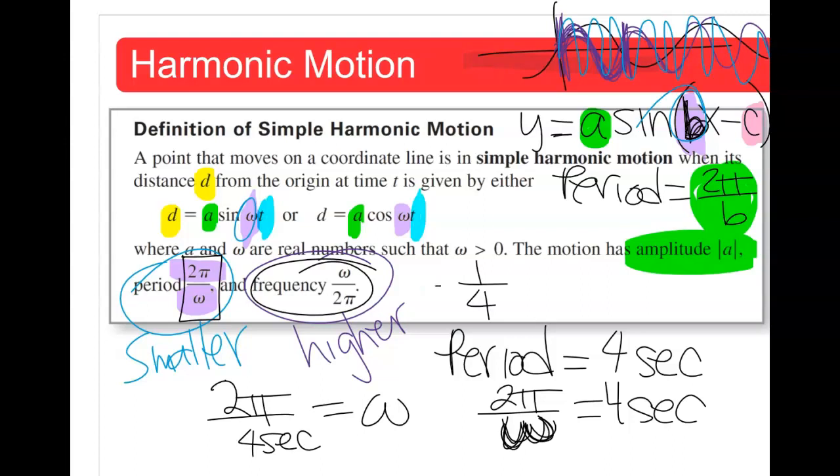That is the frequency. But we still need omega so that we could come up with the equation of the harmonic motion. Okay, and so in this case, omega will equal 2 divided by 4, which is 1/2, pi, or pi over 2.